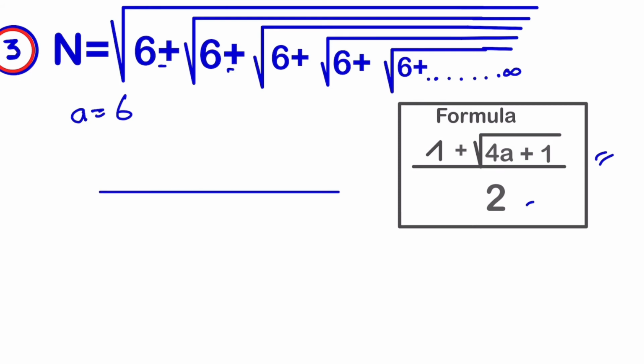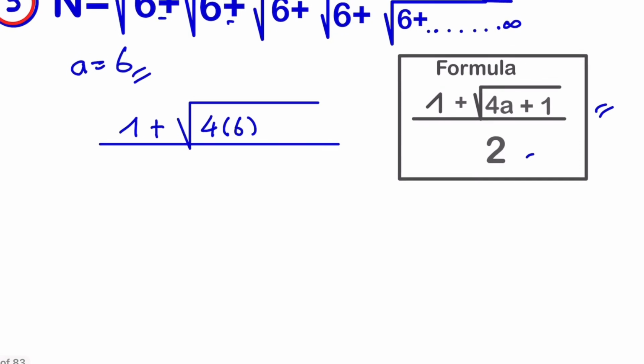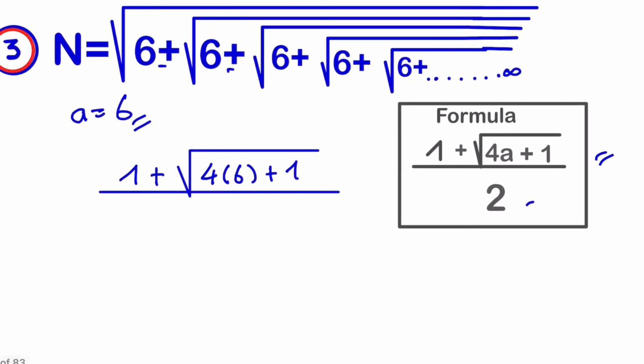So we have 1 plus the square root of 4 times a, 4 times 6, because a is 6, 4 times 6 plus 1, divided by 2.